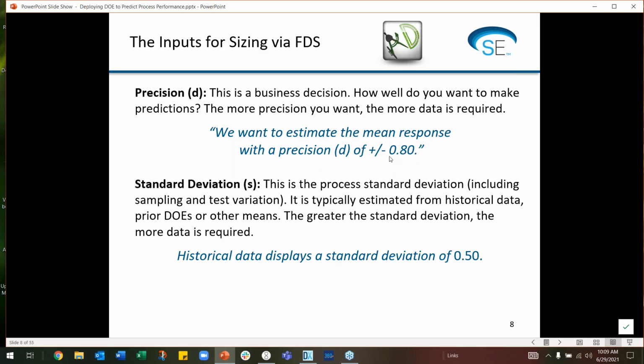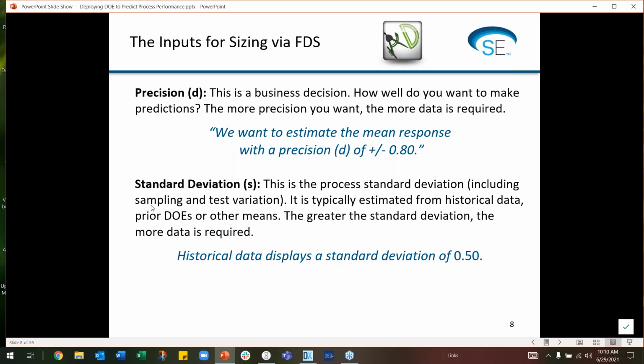Now, whatever this plus or minus is, that's purely a business decision. It is not a statistics decision. It is based on subject matter knowledge and the amount of precision that you're interested in. The standard deviation is something that you can calculate, on the other hand. This is the process or the response standard deviation.